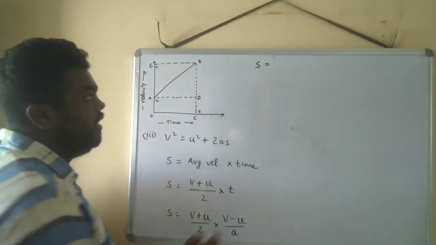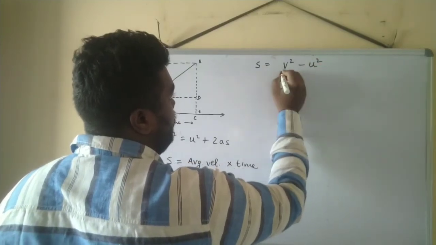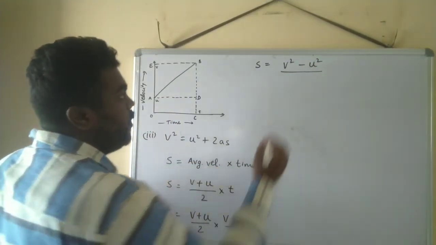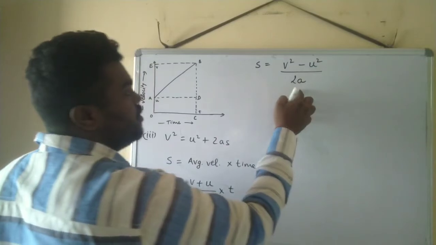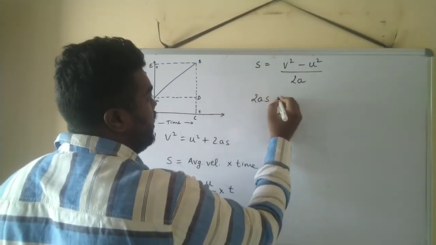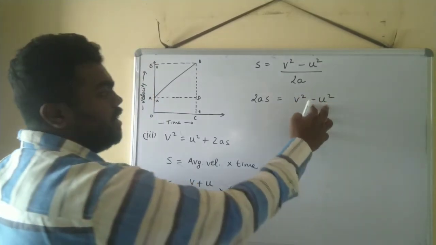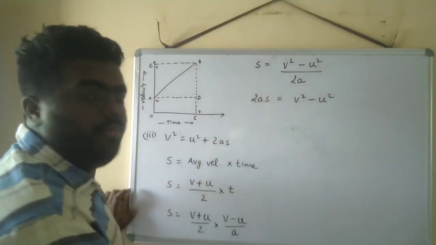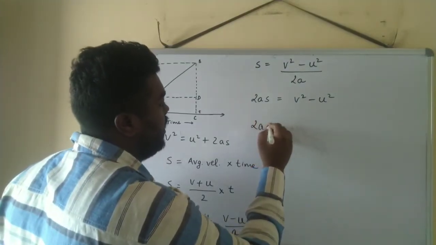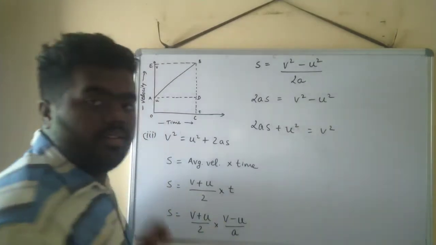So a is V, b is U, so V square minus U square by 2 into a, 2a. This 2a will get cross multiplied, so it becomes 2AS is equal to V square minus U square. When I am taking this U square to the left side, it will become plus. So 2AS plus U square is equal to V square.